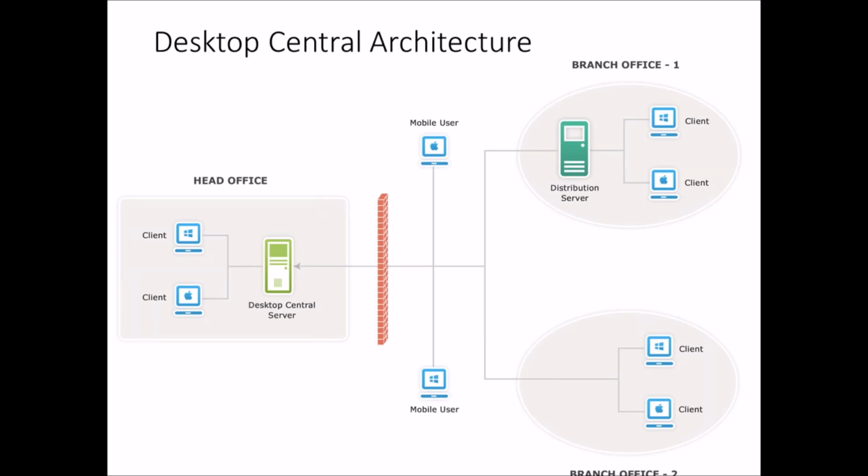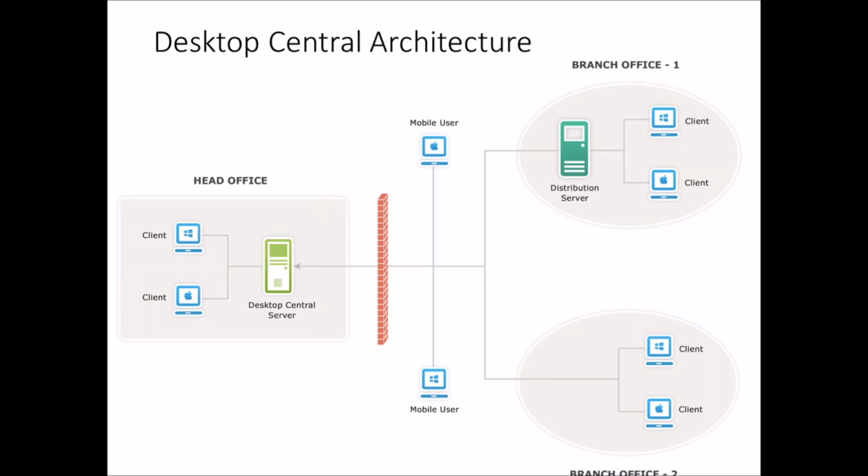From the diagram, you can easily understand that the agents can be supported from the LAN, from the WAN. When I say WAN, you have a remote office where you have a smaller number of computers, or you have a larger number of computers. When you have more computers, you can have the distribution server to save bandwidth.